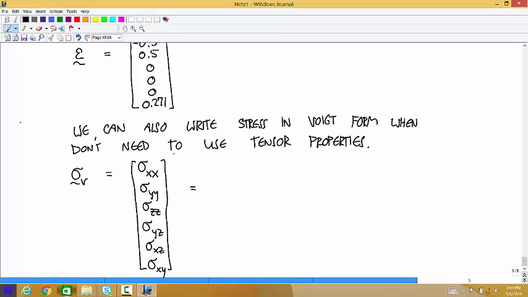And this is equivalent to what is sometimes written as sigma xx, sigma yy, sigma zz, and then taus instead of sigmas. So tau yz, tau xz, tau xy.